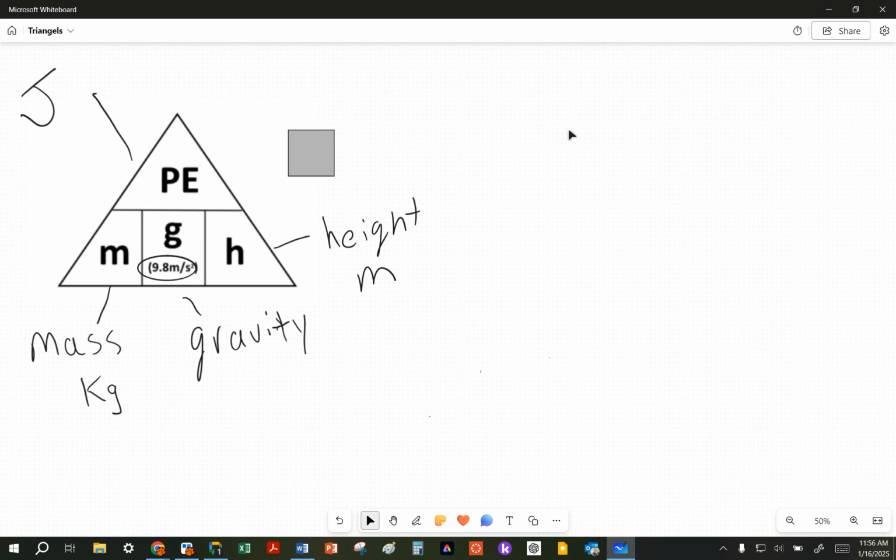So for starters, if it asks for potential energy, you're going to cover up whatever it asks for. So I'm going to use this box to represent your finger covering it up. When you cover it up, you are left with M, G, and H across the bottom. When things go side to side, you multiply.